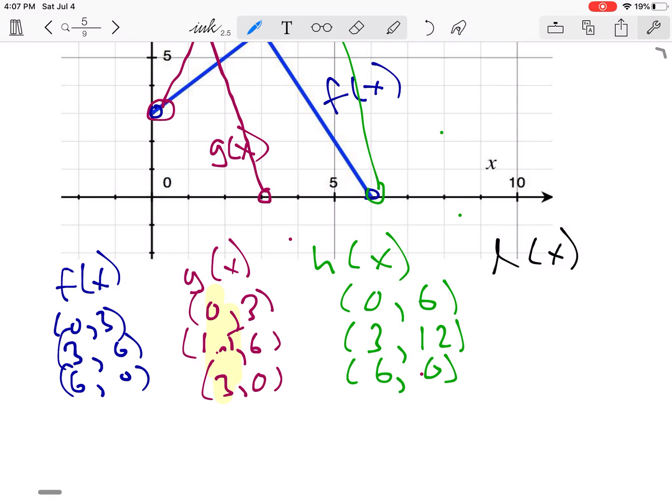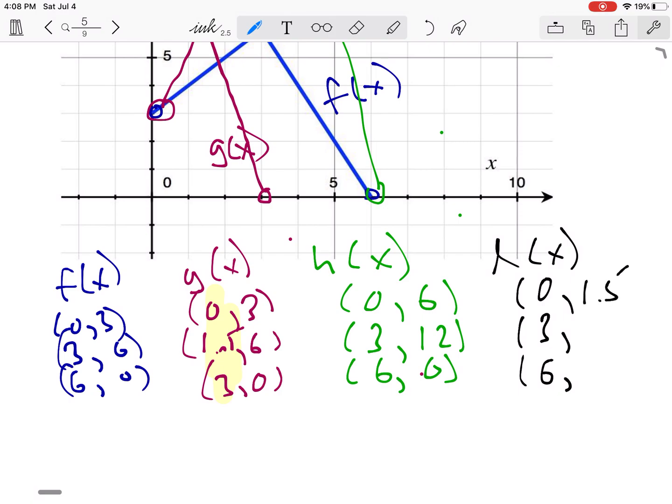Okay, so Lx, what's going on is we're going to do the same thing, except this time we're going to multiply the function by a half. So again, you keep the x values as is, 0, 3, 6. This is looking at the original function f of x. And then what you do with the y values is you divide those by 2.